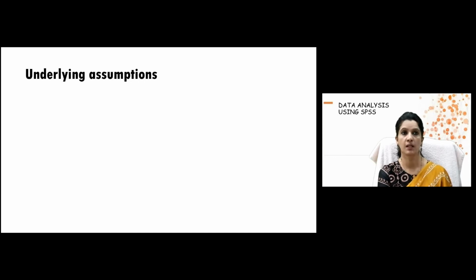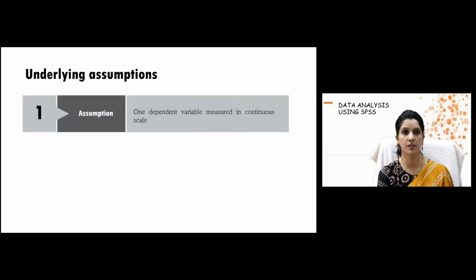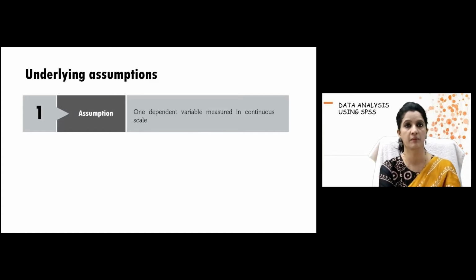Now what are the underlying assumptions of this student t-test or unpaired t-test? The first assumption is there is one dependent variable which is measured on a continuous scale, like you have seen in the previous examples, the mean BMI, the pain score, or the mean marks.